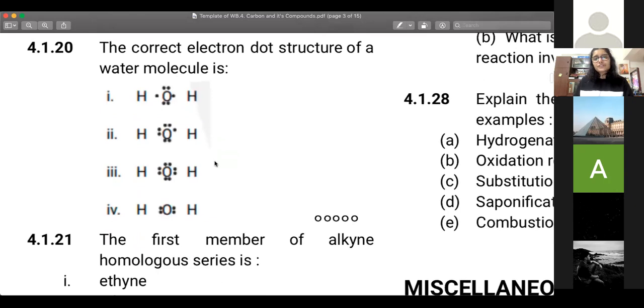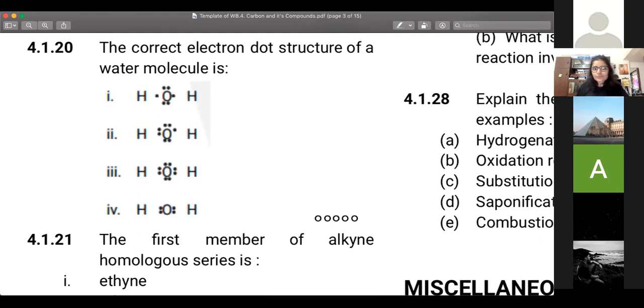Dot structure of water. Yeah, Puneet got it, Mansi got it, Bhavika got it, Neki got it. Tanusha, yes.